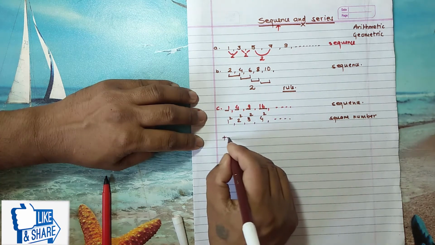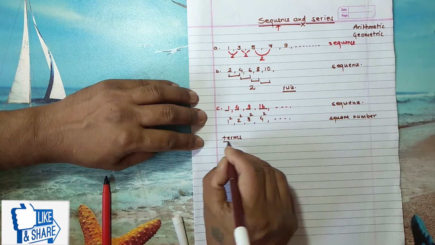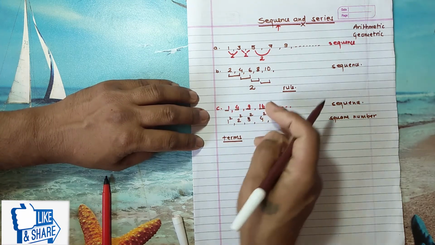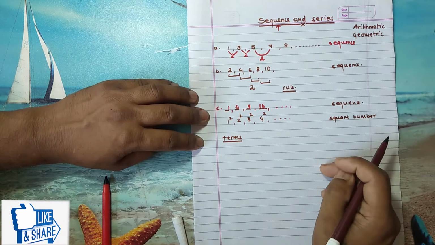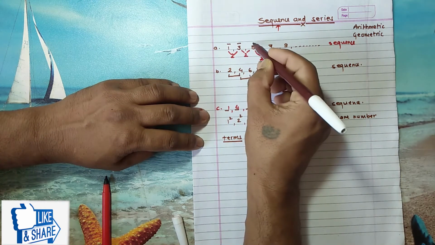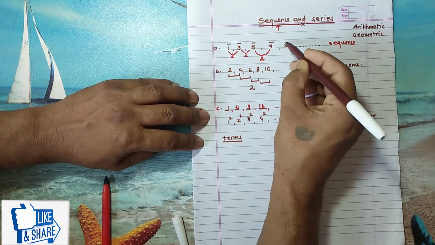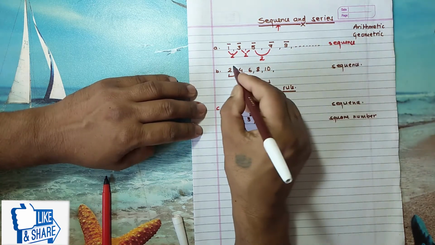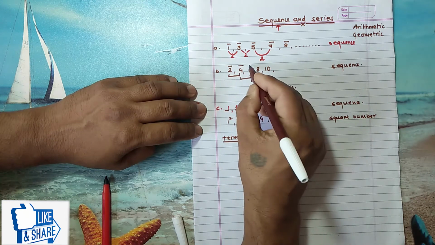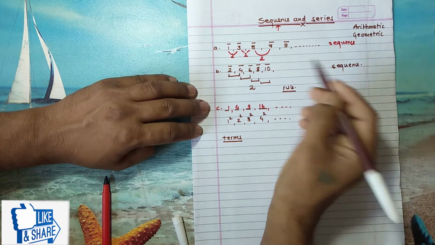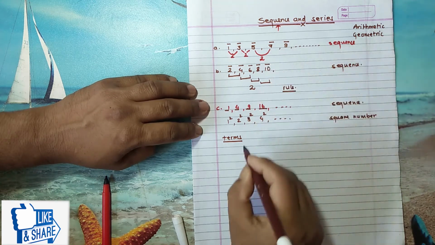And each and every number which appears in order, we call them terms. Terms means the numbers which we have in our sequence. Here first term, second term, third term, fourth term and fifth term. That means here also first term, second term, third term, fourth term and fifth term. These numbers are called terms.